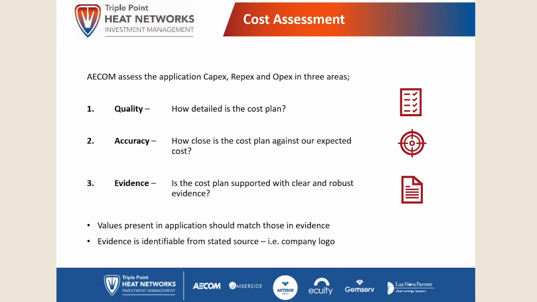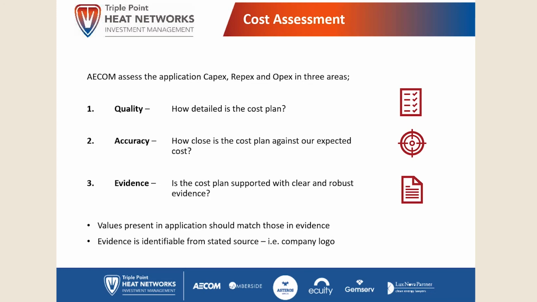As we say, the major stress is on the CapEx, but because it's a life cycle cost analysis, we need to make sure that you've made reasonable allowance for replacement of plant, and that you've got allowances for maintenance and the operation of the network.